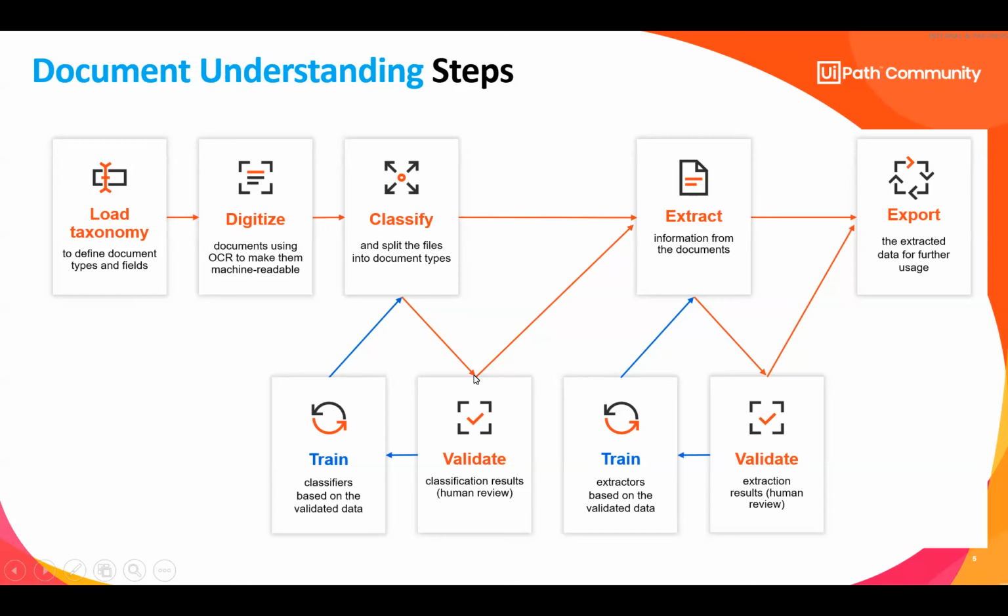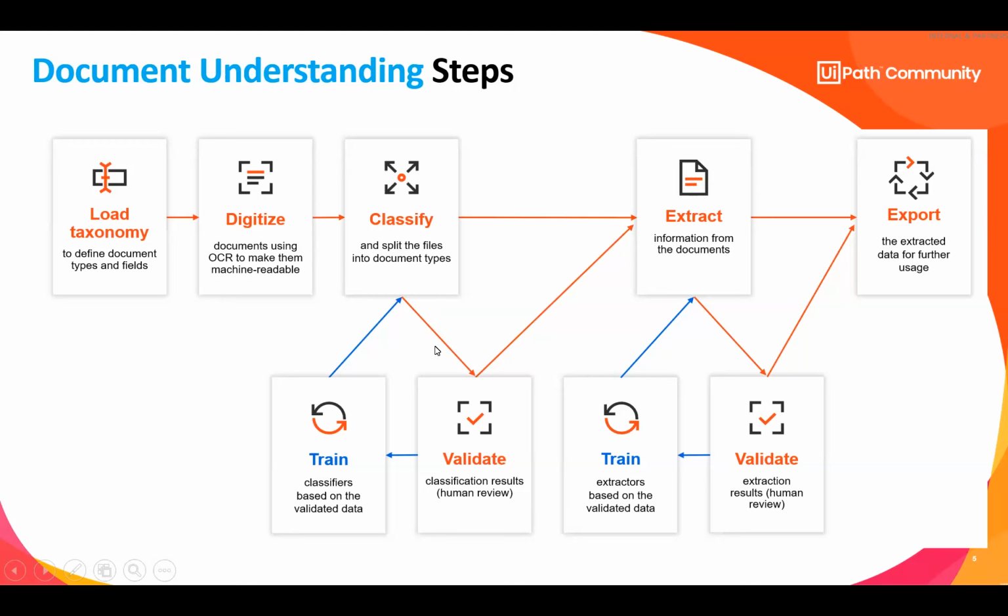Okay, if I don't want to retrain, that is okay. If the bot is not able to classify, that is fine, I can send it to a human for review and continue with the next steps. You can send it to human validation and then go to the next stage. If you don't need retraining, that is also fine.